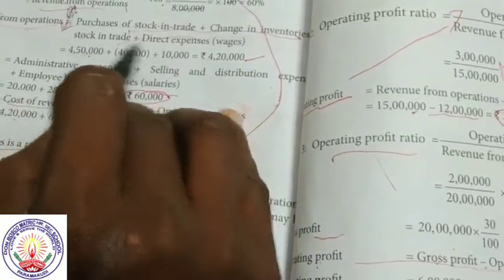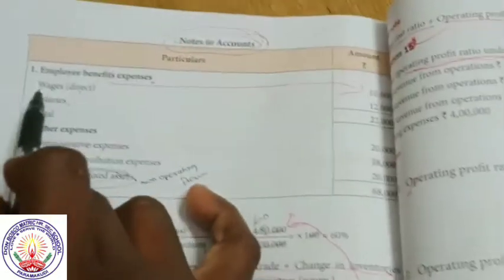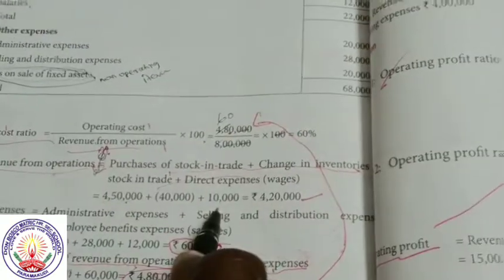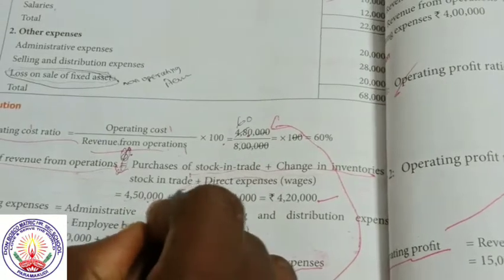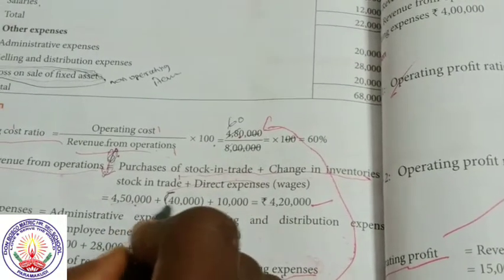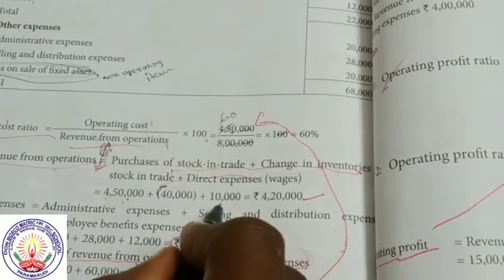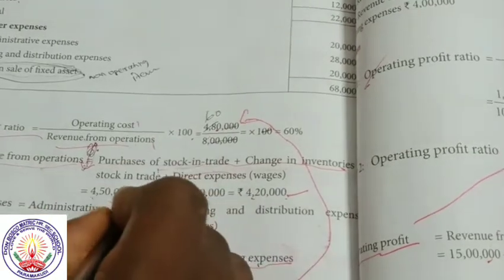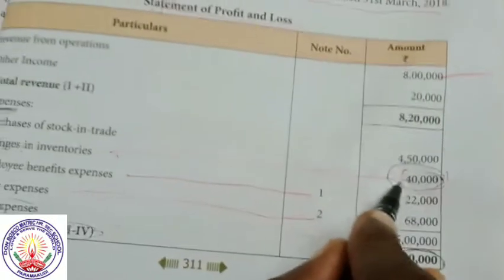Next, direct expense. Direct expense is given under employee expense. Direct means wages. How many rupees? 10,000. Now find the total: 4,50,000 less 40,000 gives 4,10,000, plus 10,000 added, total 4,20,000. The change in inventories is given in the question as minus 40,000.